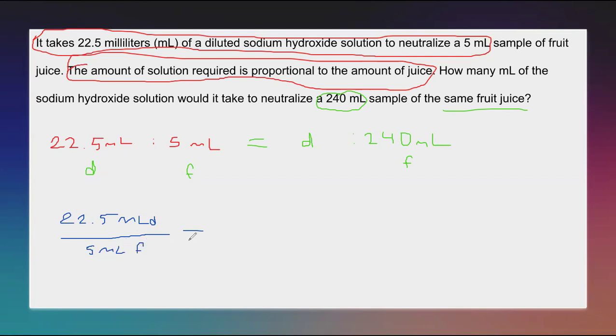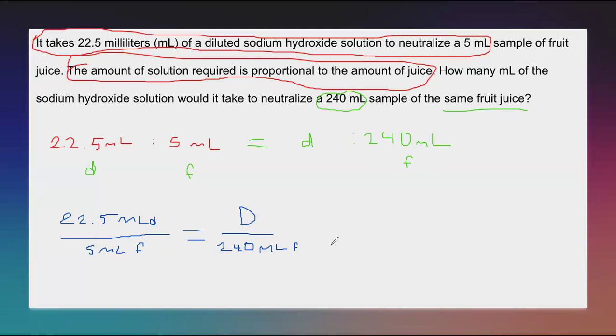That's going to be equal to D, which we're solving for. And I'll go ahead and make that big D. That way we don't have to worry about getting these two confused. And then on the bottom, we've got 240 milliliters of F, fruit juice.